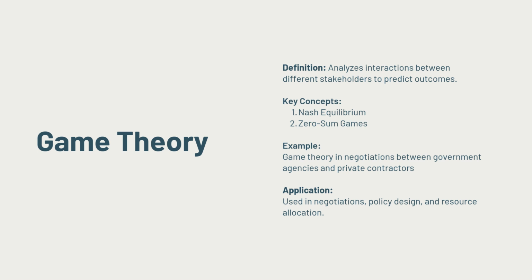A zero sum game is a scenario where one party's gain is exactly balanced by another party's loss. In public administration, this might occur in situations where one department's increase in funding must come from the reduction of another department's budget. So, how do you apply game theory in the public sector?